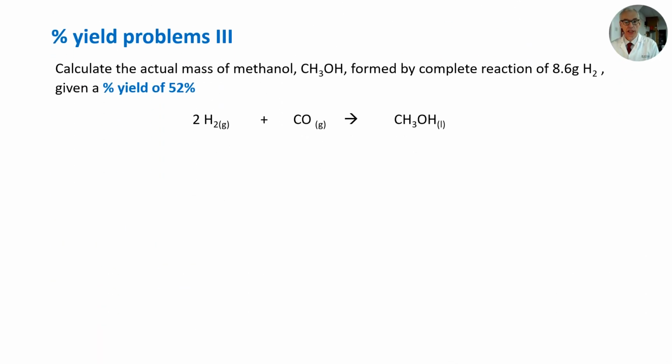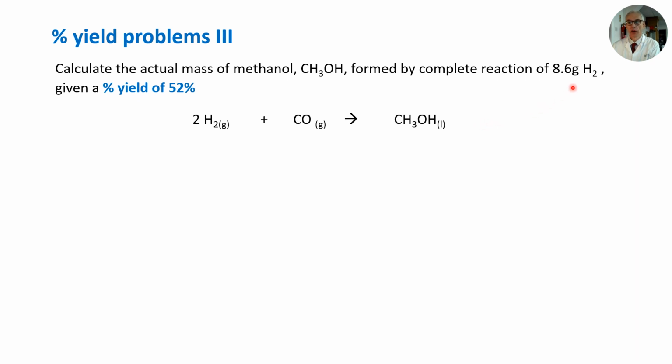So let's look at a slight variation of the percentage yield problem. Calculate the actual mass of methanol, CH3OH, formed by the complete reaction of 8.6 grams of hydrogen, according to the equation below, given that the percentage yield had a value of 52%.